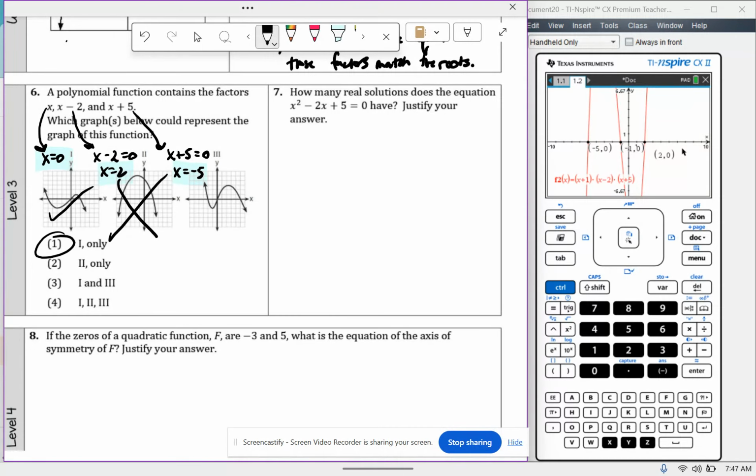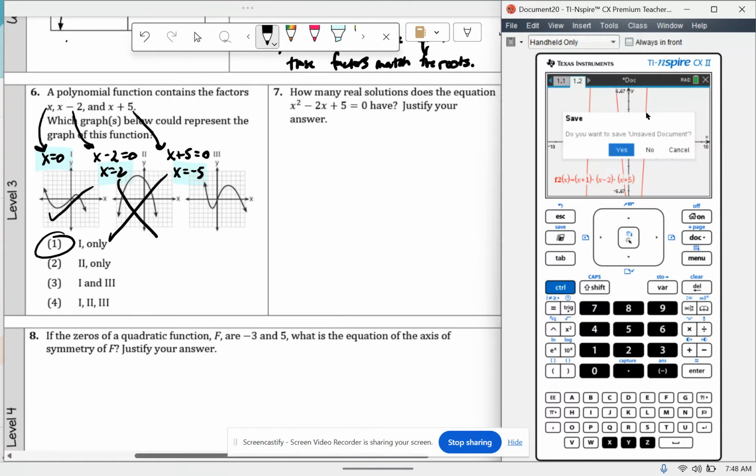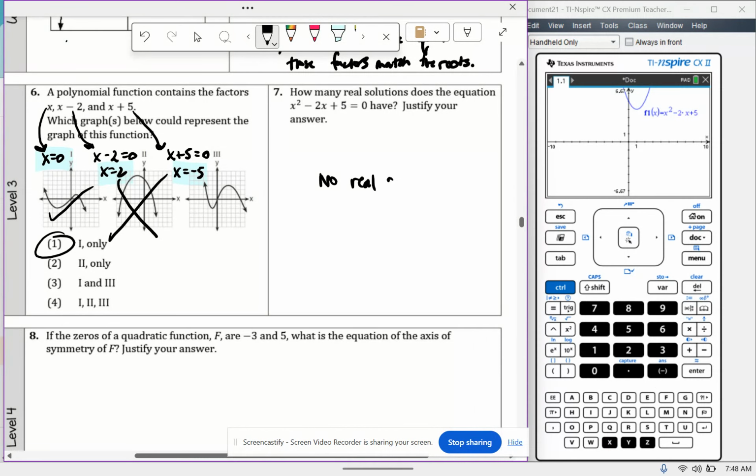How many real solutions does the equation x squared minus 2x plus 5 equals 0 have? Justify your answer. Let's graph it and see. x squared minus 2x plus 5. Oh, it has none. It has no real solutions.